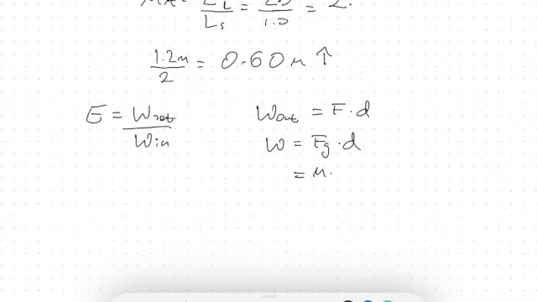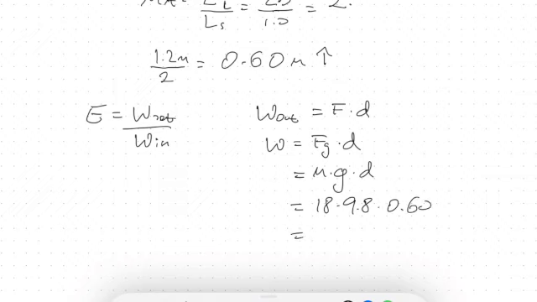So that's the mass of the rock times gravity times the distance. 18 times 9.8 times 0.60. That's the work out. 18 times 9.8 times 0.6. So 105.8 joules.